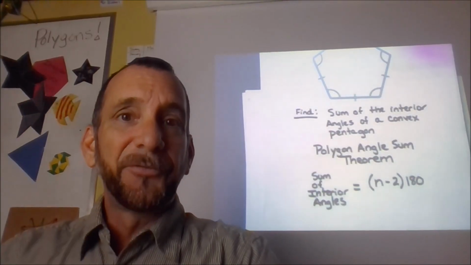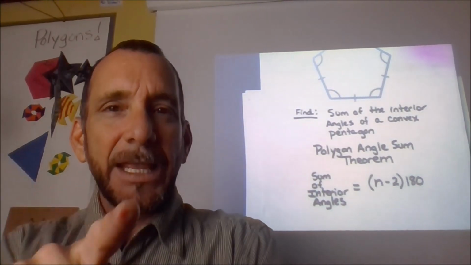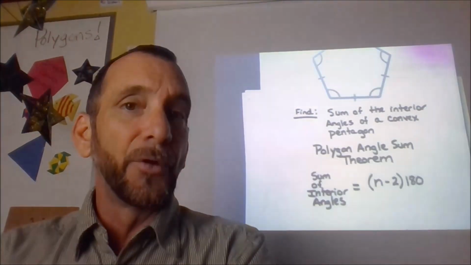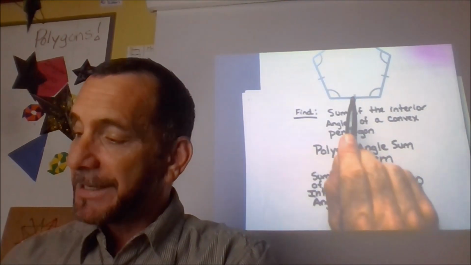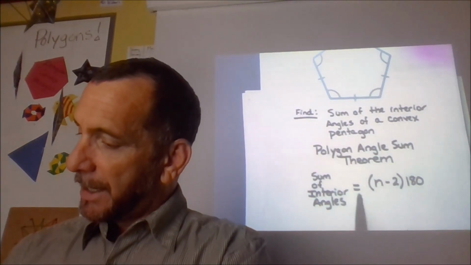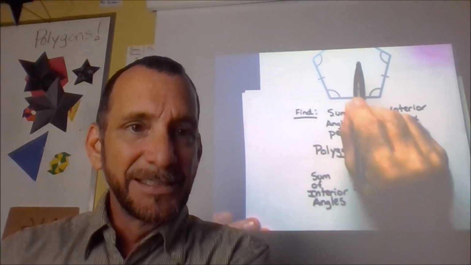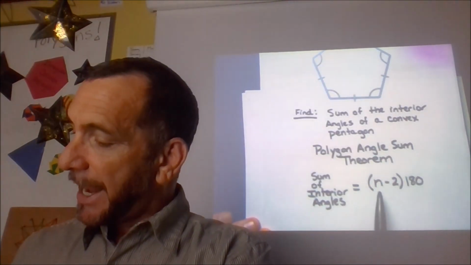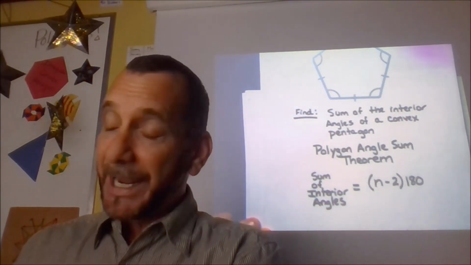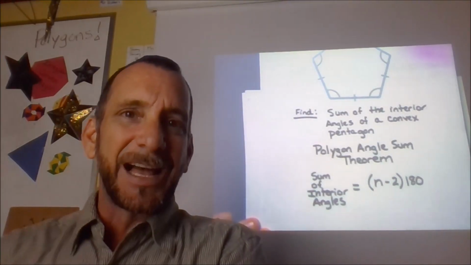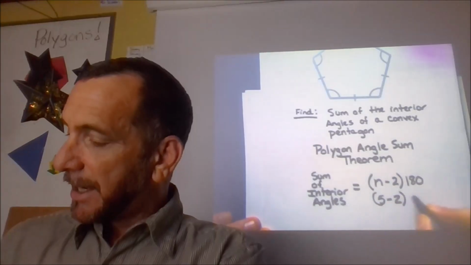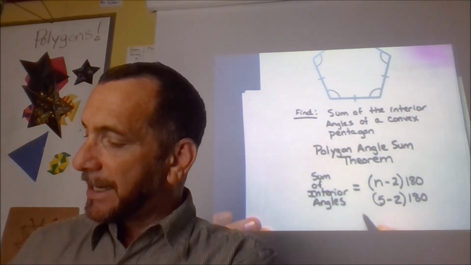It's a very simple formula and it works for any convex polygon. It doesn't have to be a regular polygon, but any pentagon. The sum of the interior angles of a pentagon is n minus 2 times 180. N is the number of sides. So let's do 5 minus 2 times 180 degrees.